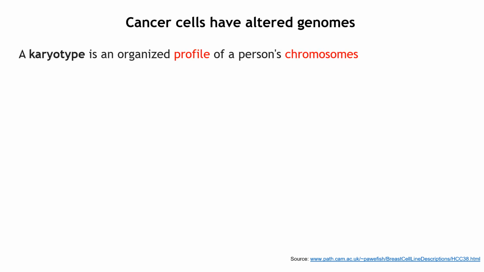If you remember this word, karyos means nucleus, so this is why eukaryotes. So here, a karyotype is an organized profile of a person's chromosomes. So you study what type of things are in the nucleus.